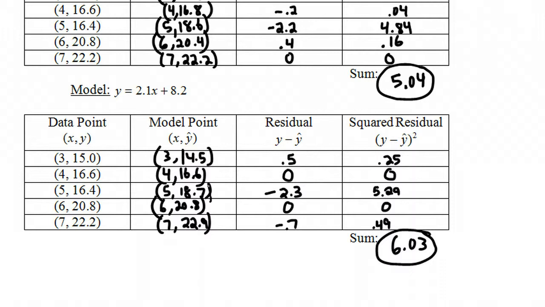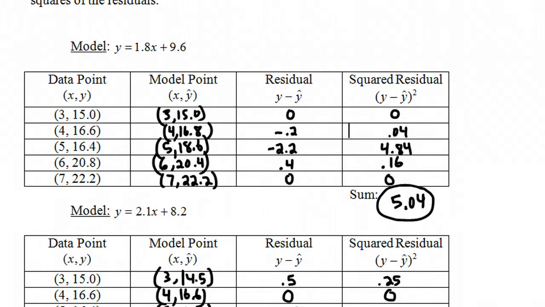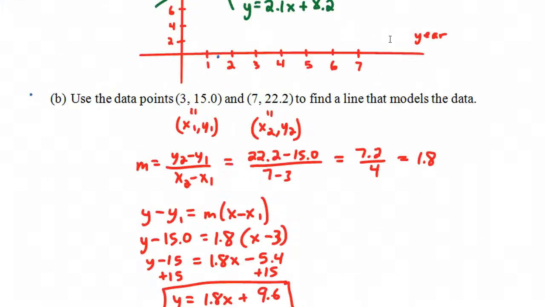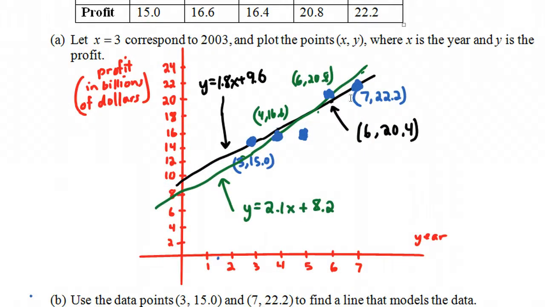In a certain sense, the black line model fit the data better than the green line model. The sum of the squares of the residuals is less for the black line than for the green line, so it's a better fit.